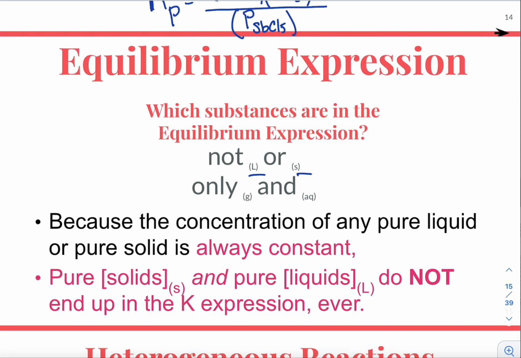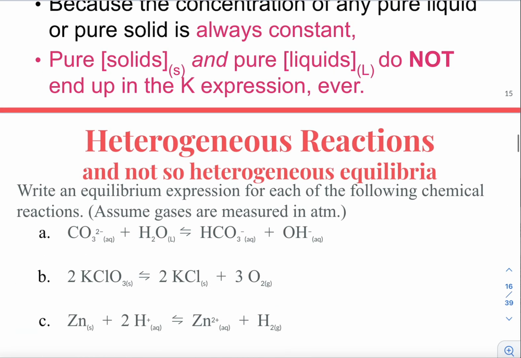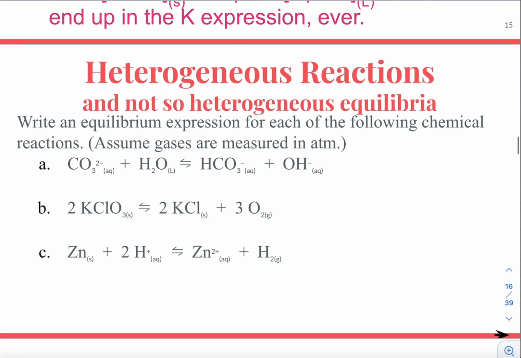So let's talk about what that looks like. These are what we call heterogeneous reactions. That just means there's some solutions, liquids, there's some solids, there's some gases. That's all that means, okay? So in your expression, you don't have to put the states of matter, but what we will do is leave them out of the expression entirely.